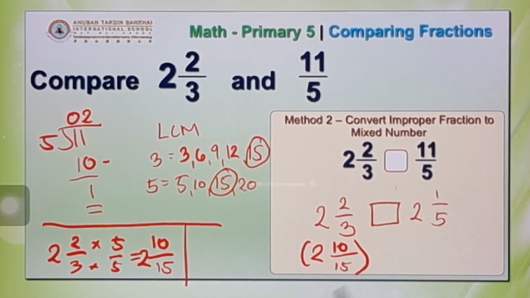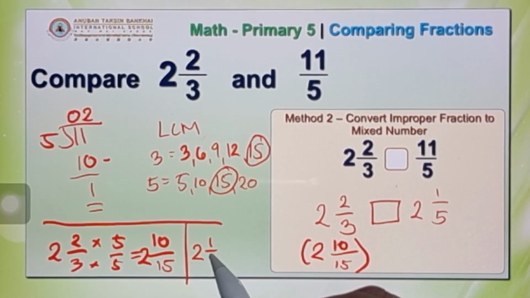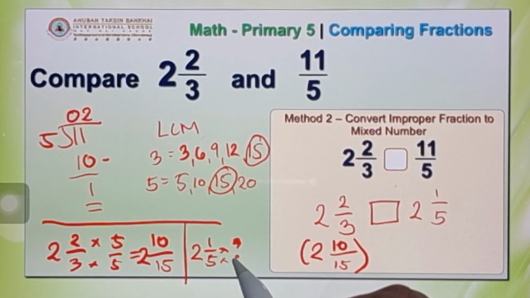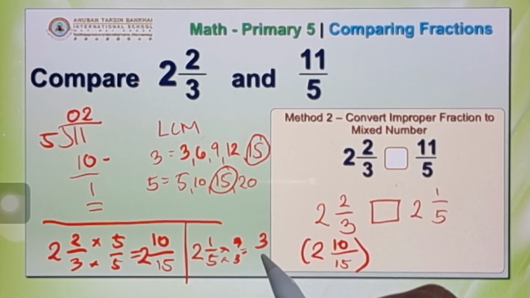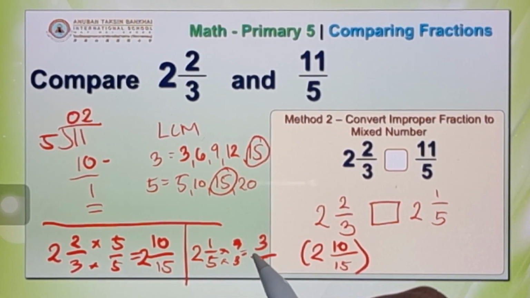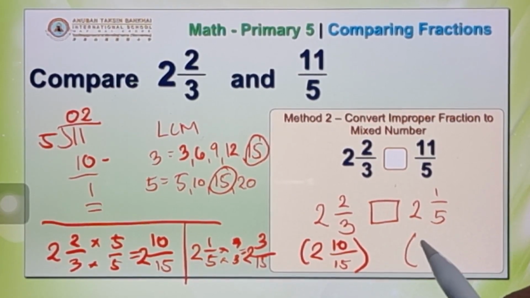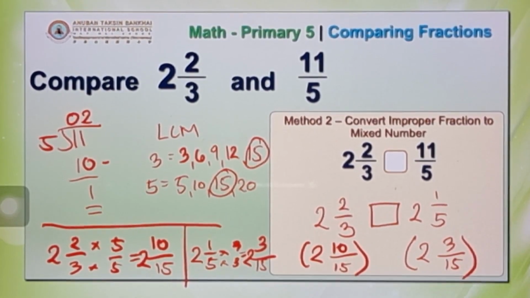Now let's have 2 and 1 over 5. We multiply this by 3. So 1 times 3, we have 3. 5 times 3, we have 15. And then we copy our whole number. So this became 2 and 3 over 15.